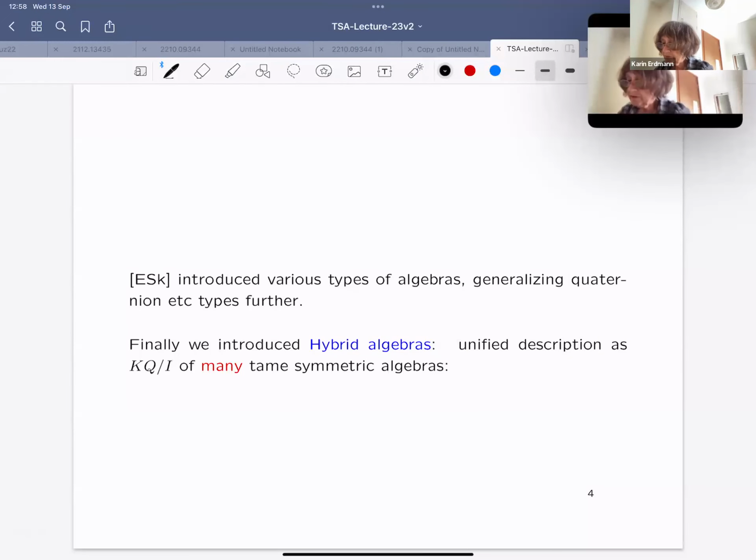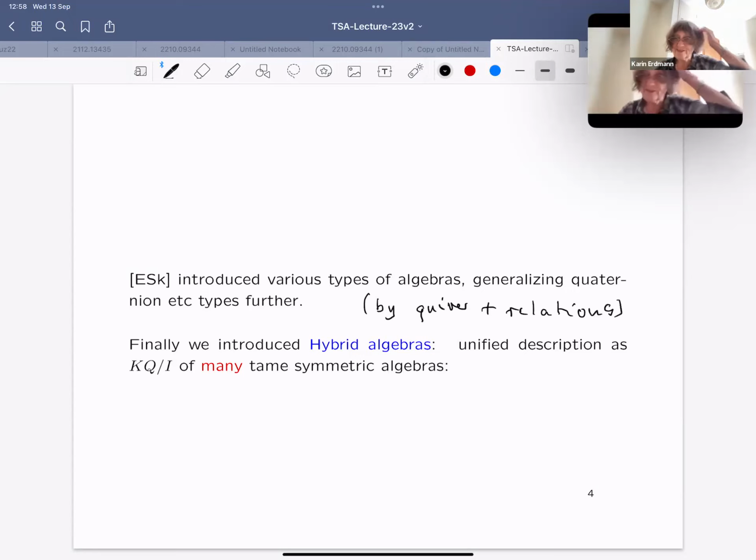Right, so in joint work with Anju, we introduced various types of algebras, which generalize quaternion type and dihedral type, etc. further. And we defined them by equivalent relations. I don't want to go into the details here because there are too many of them, and I have already been wasting time anyway.